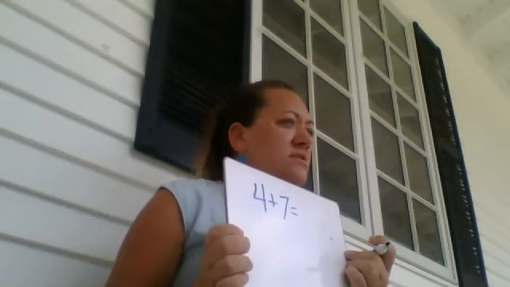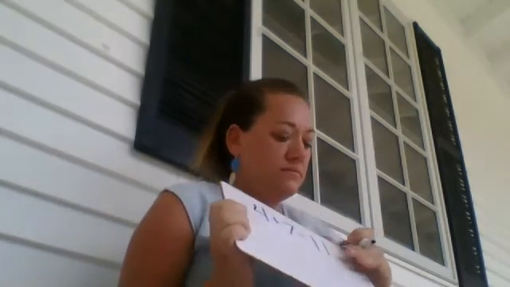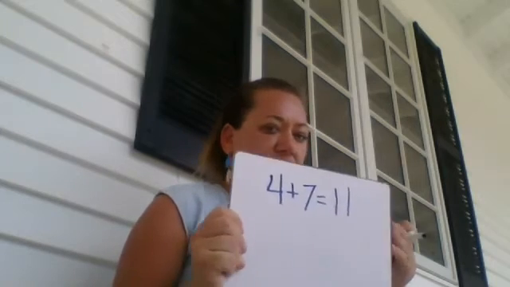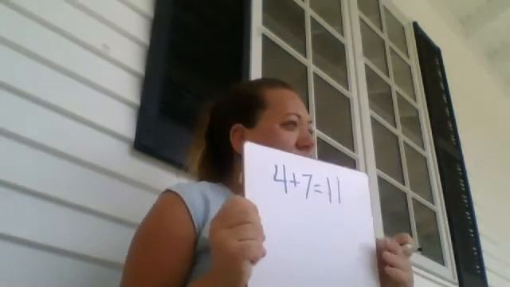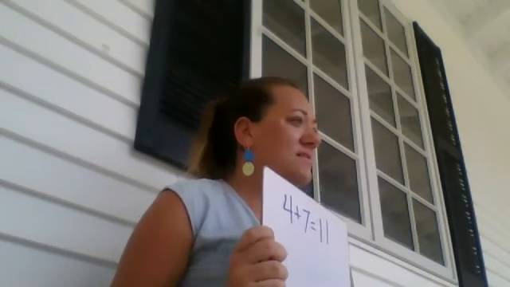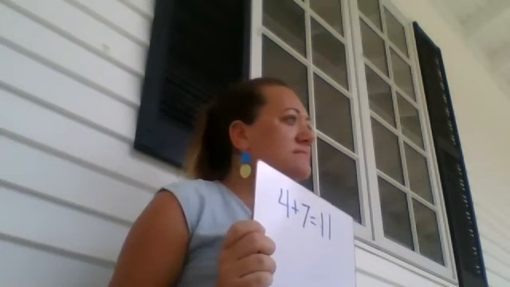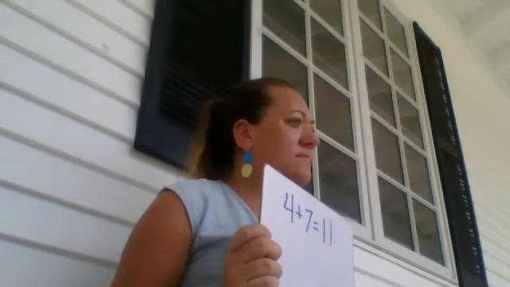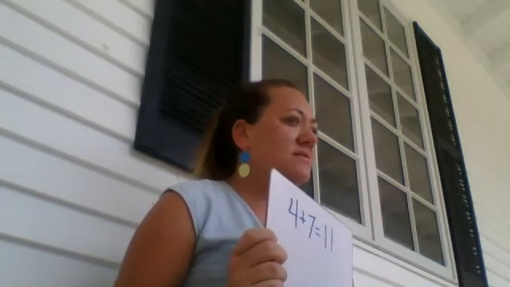It's 11. Sometimes I like to add a few numbers, the 7 to the 4, because it'll still be the same problem, just taking 1 away from the 7 and adding it to the 4.